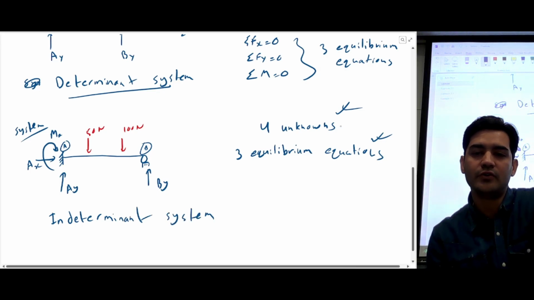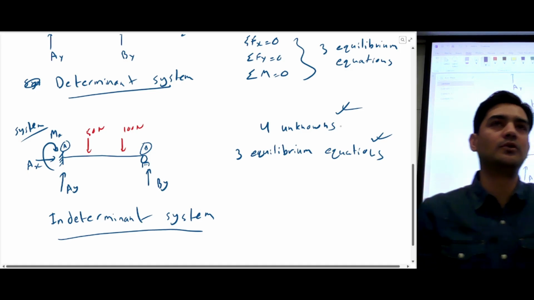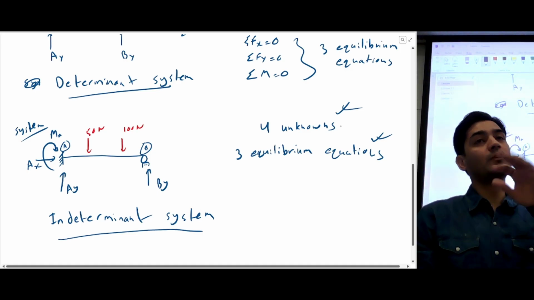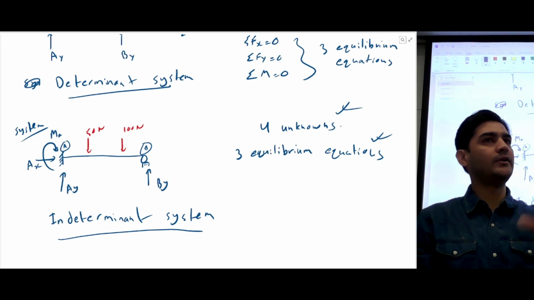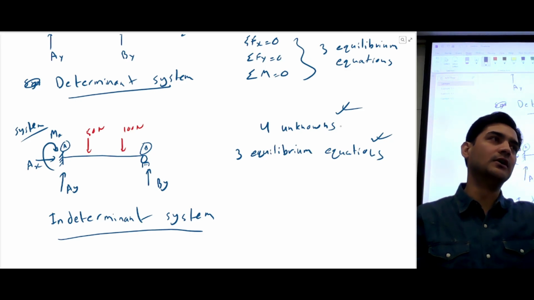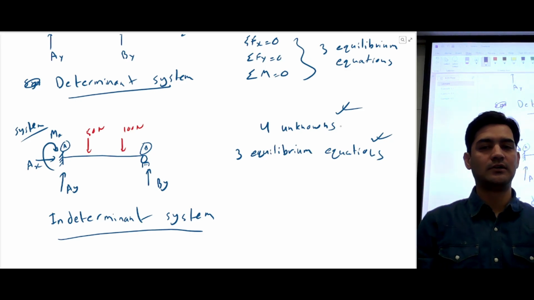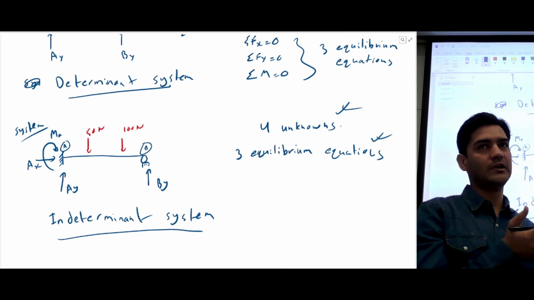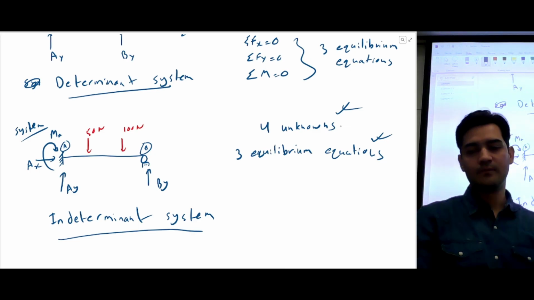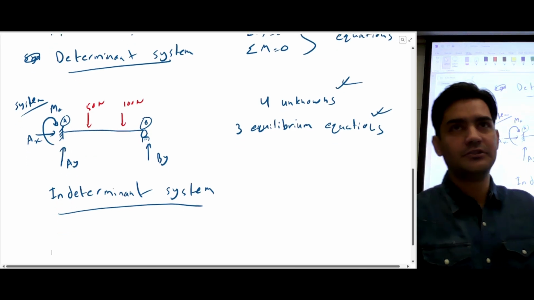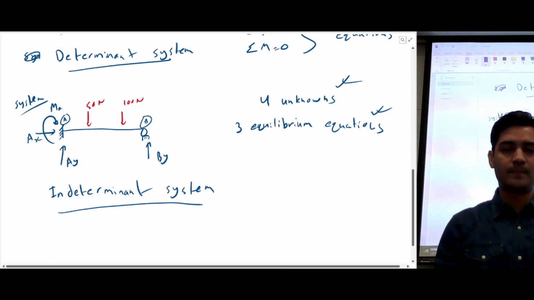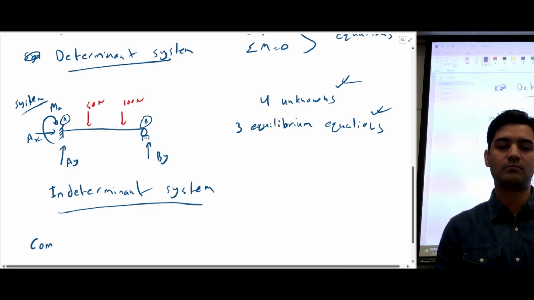Using only the equilibrium equations, you wouldn't be able to solve it, but you can solve it using the knowledge we have learned in mechanics of materials. From mechanics of materials, you generate some new equations, and those equations are called compatibility equations.